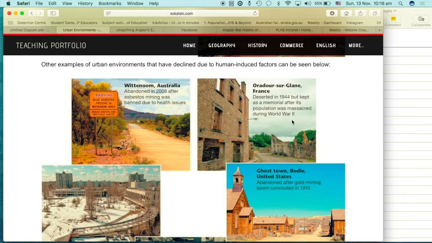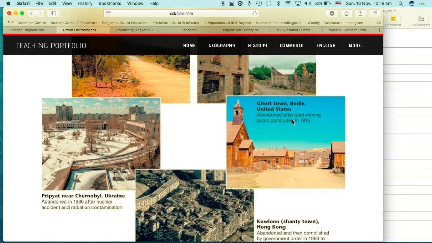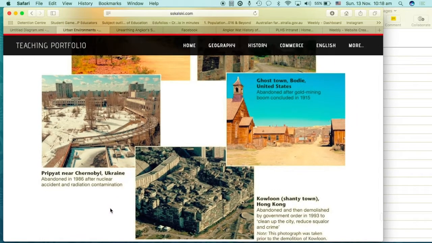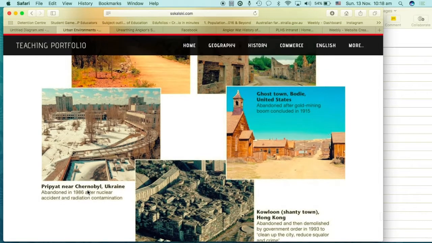So similar to the Pompeii city or environment, this was also kept as a memorial. Pripyat near Chernobyl. Now you've probably heard of Chernobyl, so this was a city near there in the Ukraine. It was abandoned in 1986 after the nuclear accident and radiation contamination.